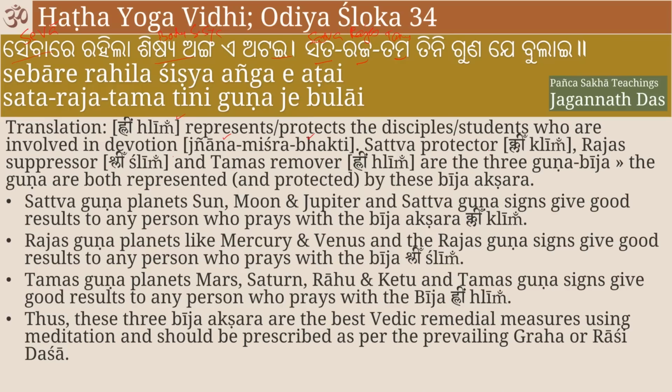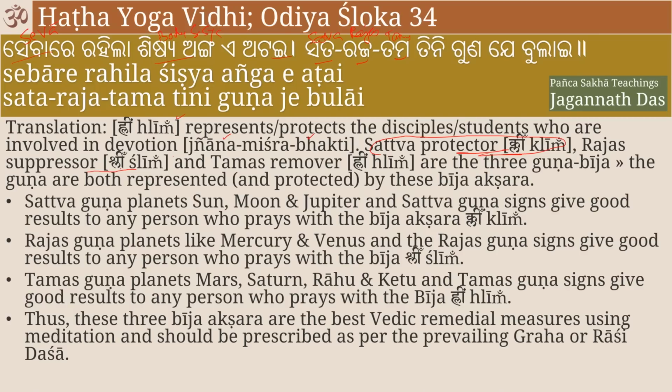But the Sattva protector is clean. The bija that is protecting Sattva is the clean bija. It always protects the Sattva. Rajas is suppressed or controlled by Shling. You see the difference? Suppressing the Rajas is Shling. I want to buy a new car. Shling, Shling, Shling.